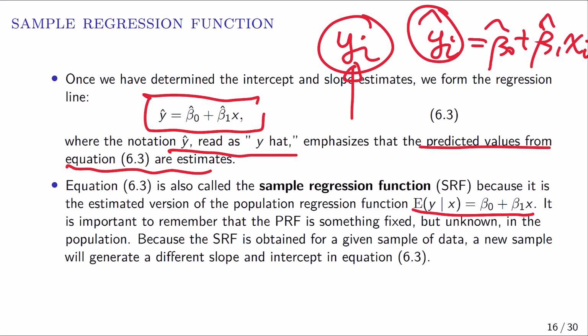This is kind of the PRF, population regression function, but we replace this right hand side as the y hat, and the left hand side we replace with the corresponding beta naught hat and the beta 1 hat. So this is kind of like a parallel between the population and the sample, right? This is the population, this is the sample.